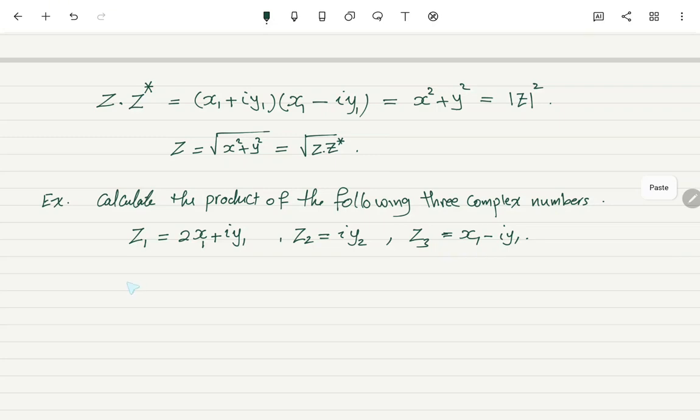Assuming that zi is the multiplication of z1 and z3, in this case it's equal to (2x1 plus iy1) times (x1 minus iy1).